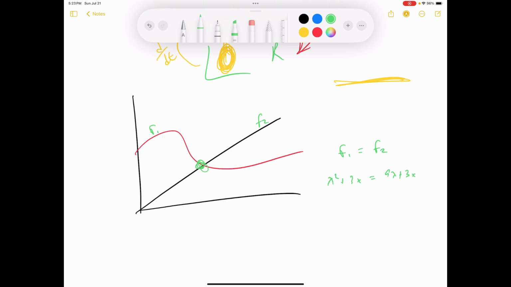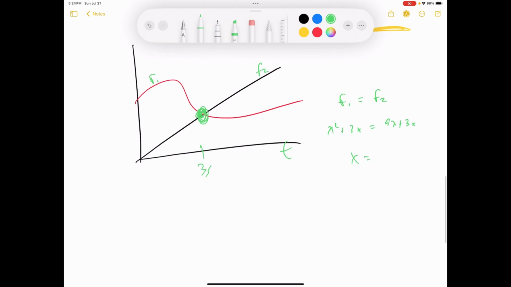And you're going to have to figure out what the value is. Normally you're looking for time. So at what time do these functions intersect? Maybe it's here at 3, so at time 3 seconds. So at 3 seconds, these two functions intersect, and maybe that's what you're looking for.